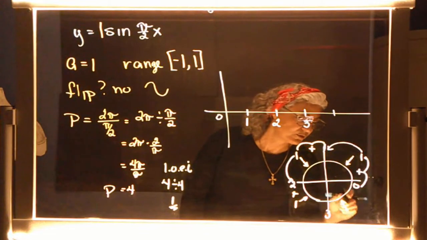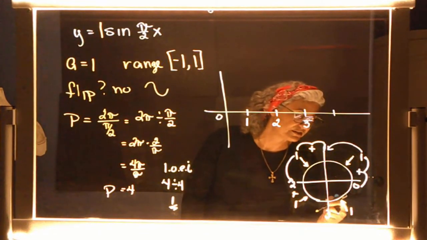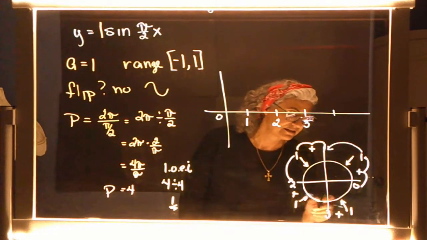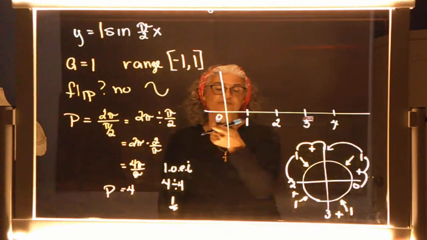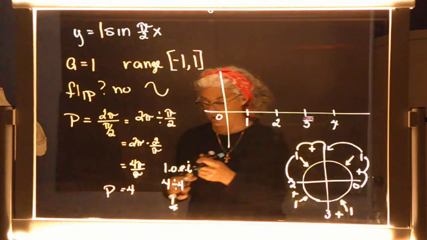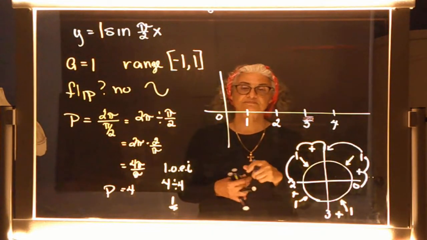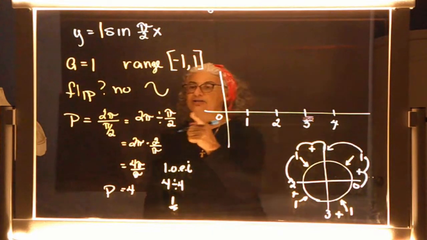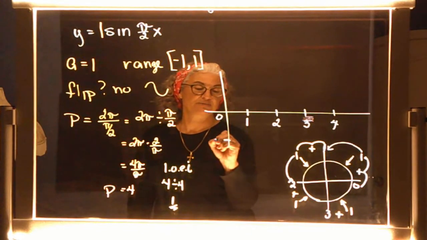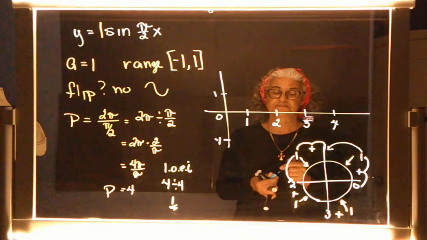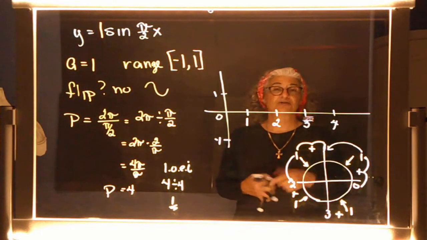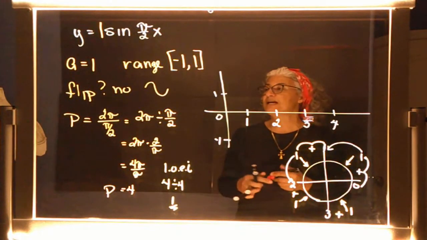And then I have one more quadrant, which means one more interval. And so when I add these, I'm going to get 4. So the length from 0 to 4 is 4, isn't it? Good. And you told me my range was from -1 to +1. Cool? All right, so let's start working with this.